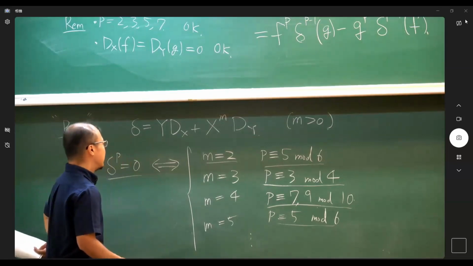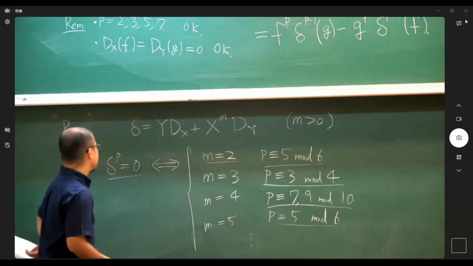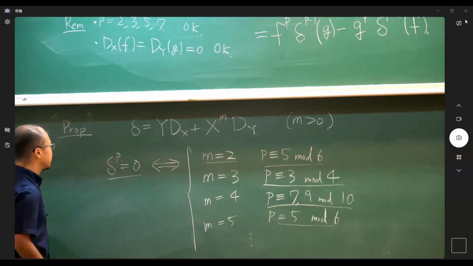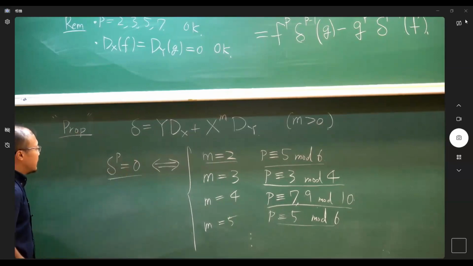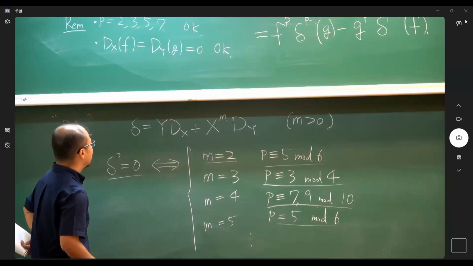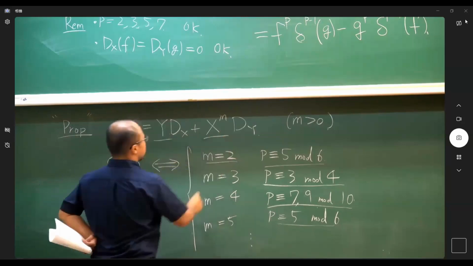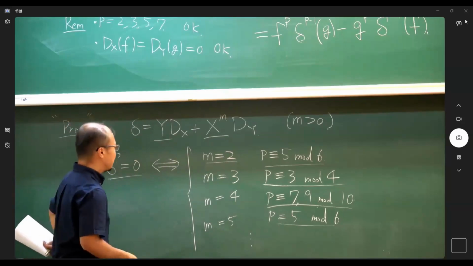In this sense, if we fix the number m, then half of the prime numbers satisfy additiveness of the delta. We give this proof, but I think this only happens when these are monomials. But it's a simple and beautiful result, I think.